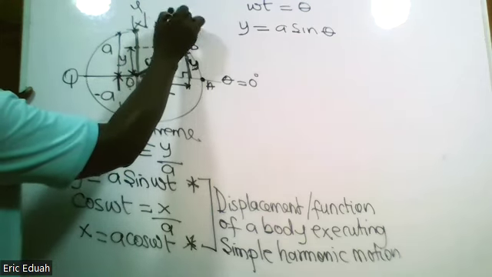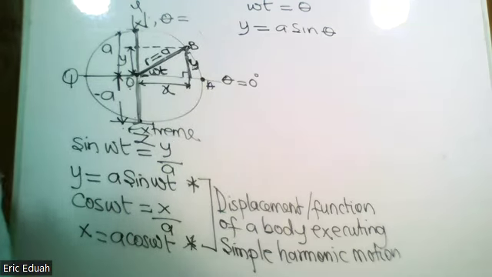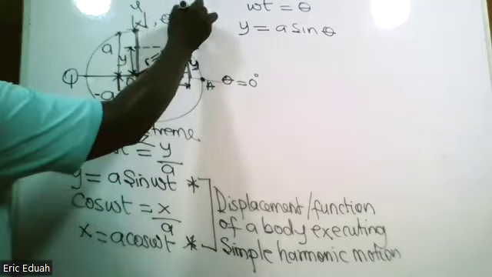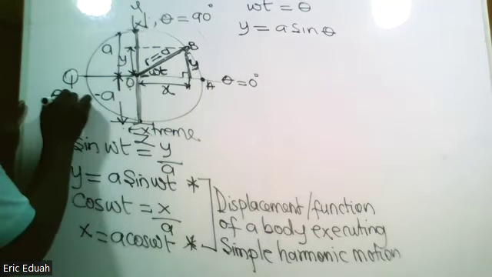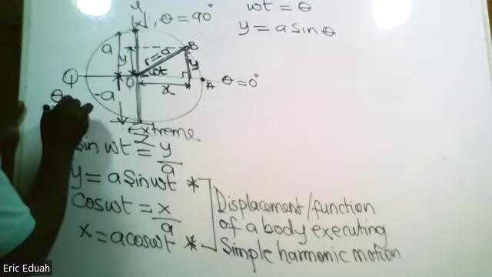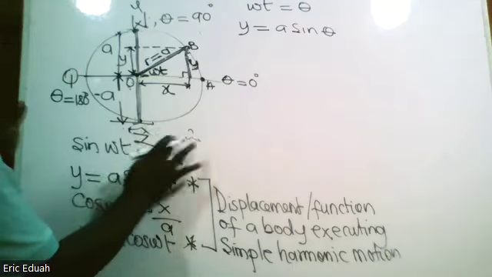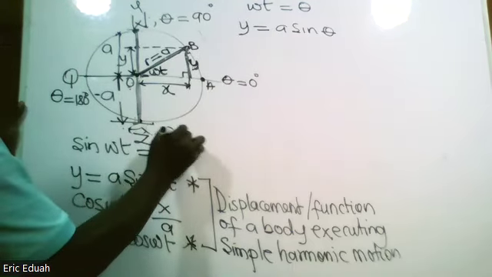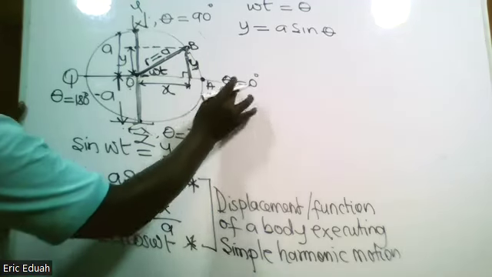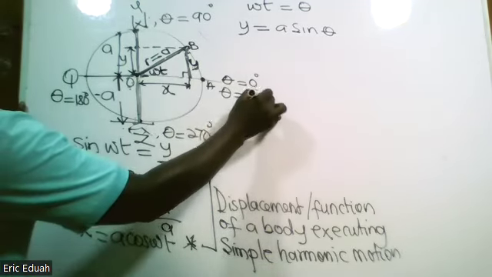At W, what is theta? 90. At Q, what is theta? 180. At Z, 270. And back to A, theta is 360.